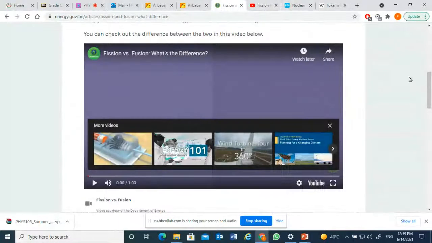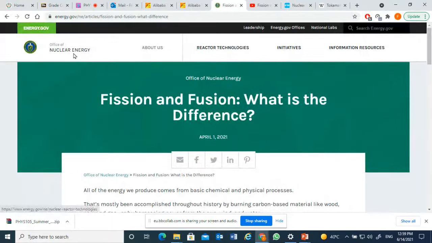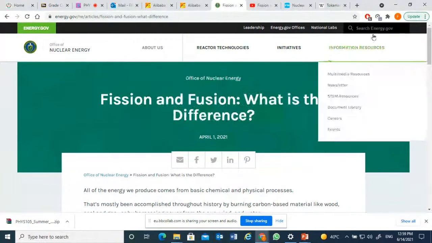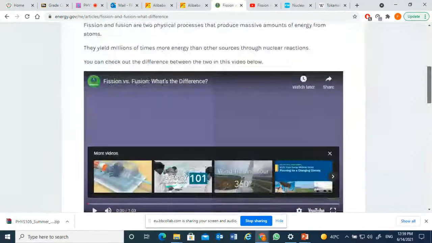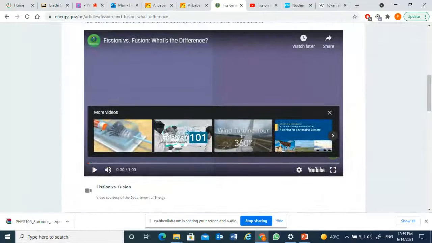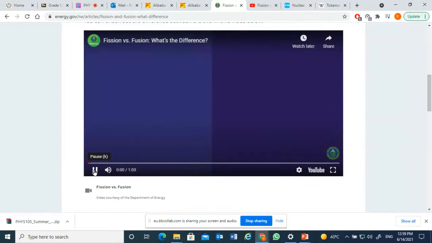This is from the Office of Nuclear Energy, and they give you here a comparison, so we'll try to go through it, between fission and fusion and what is the difference.